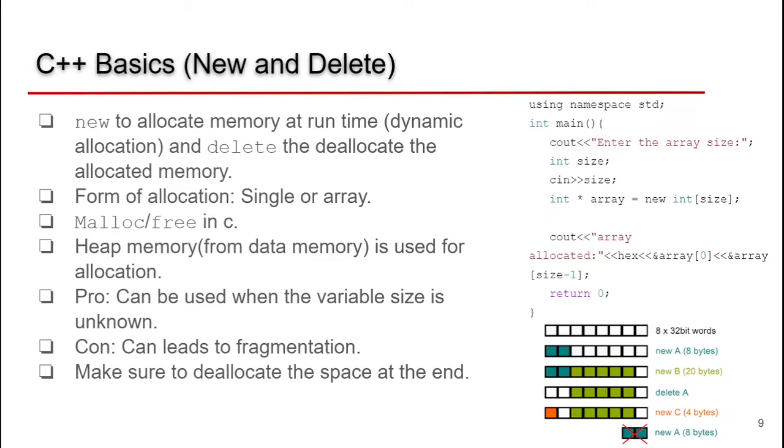It's not like compilation time, where everything is known. At runtime you may ask the user, like in the first assignment, to enter the values of the matrix. You first need to make the user define the size of the matrix, so you cannot predict its size, and you should use dynamic allocation.